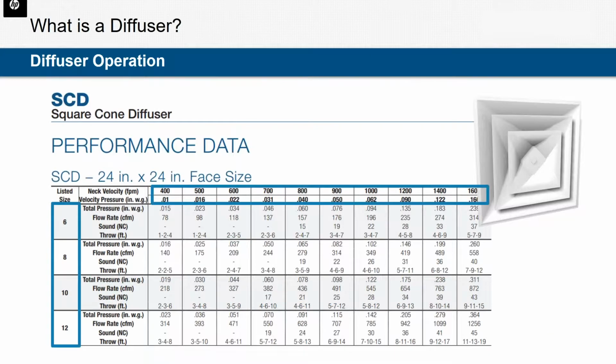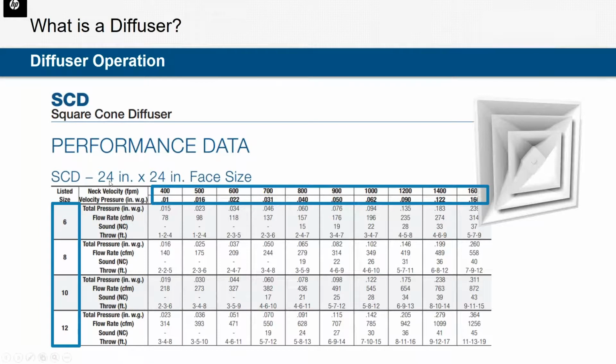So if you're new to catalog data for diffusers, it's kind of a lot of information to look at all at once. Sometimes you just have to stare at it for a while for it to click. But to guide you through what we're looking at, for a grill or diffuser, we would have some neck size or some area size. In this case, on the y-axis, we have the size of the neck, whether it's a 6-inch neck or an 8-inch neck or a 10-inch neck on the back pan.